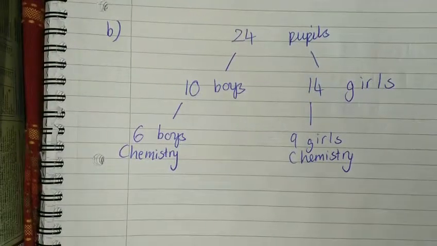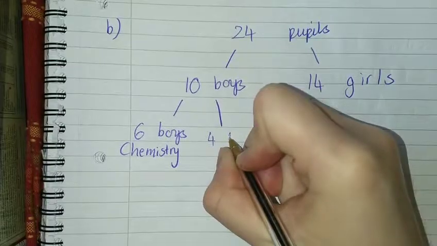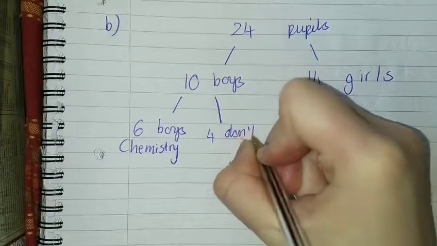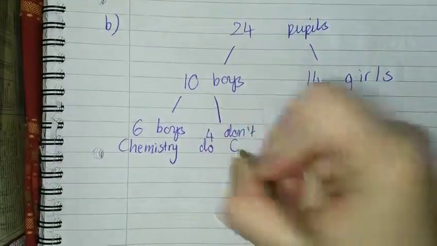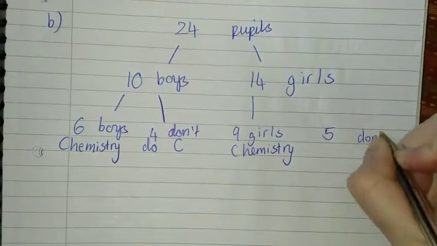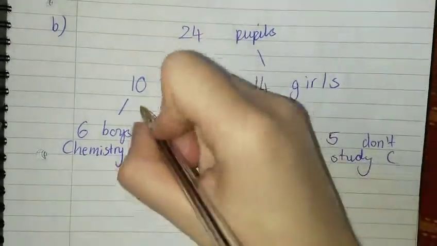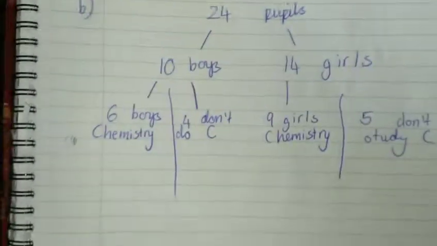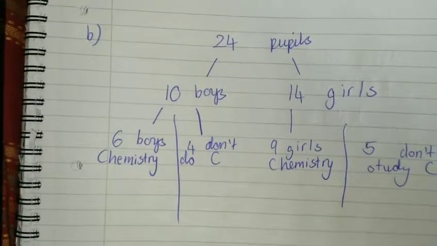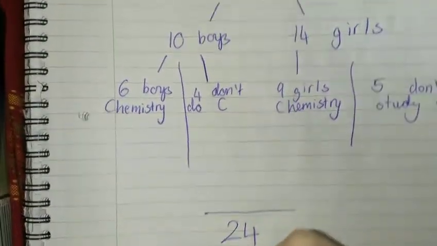Out of the 10 boys, 4 don't study chemistry, and 5 of the girls don't study chemistry. The total number of pupils in our class is 24, so we'll put whatever we have over 24.